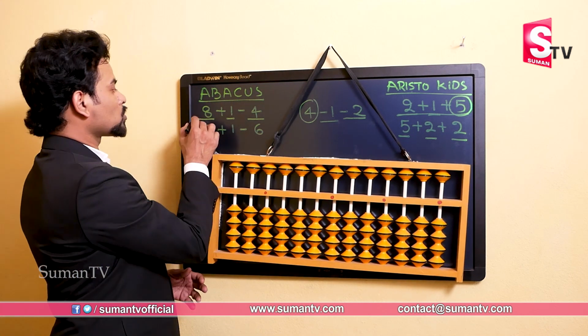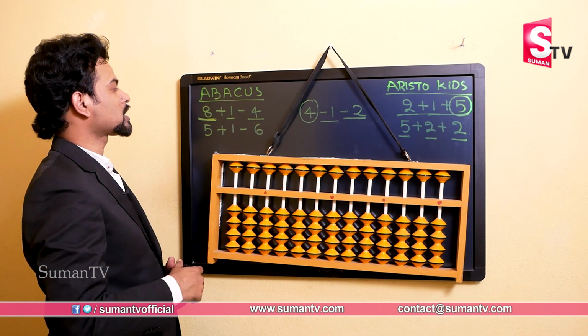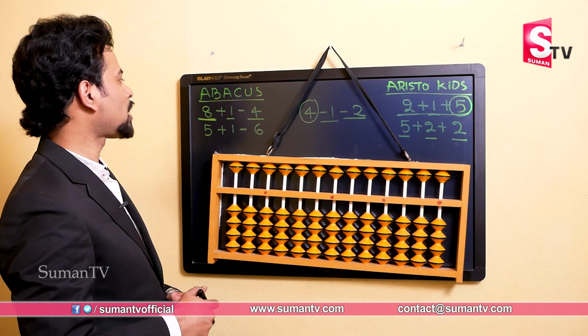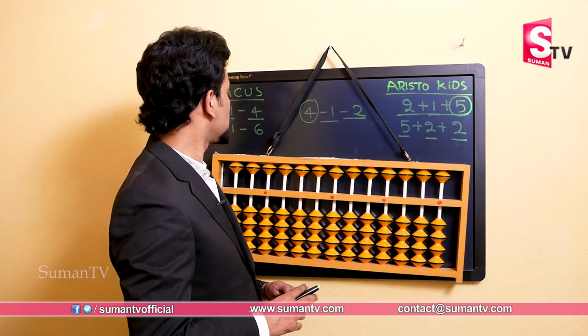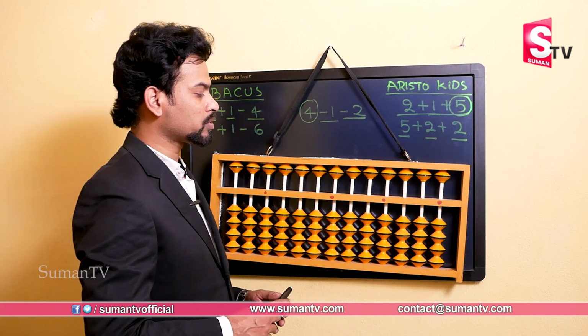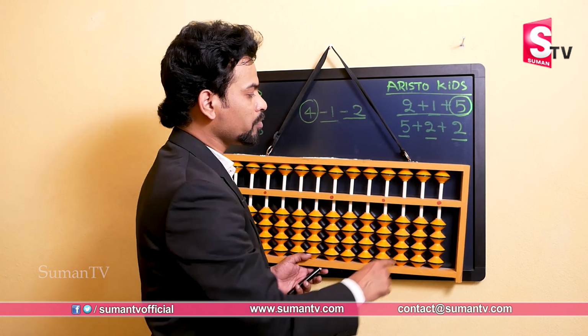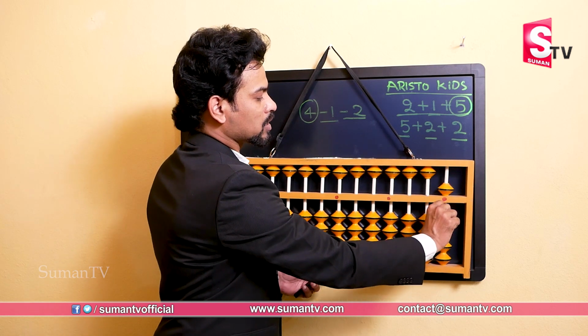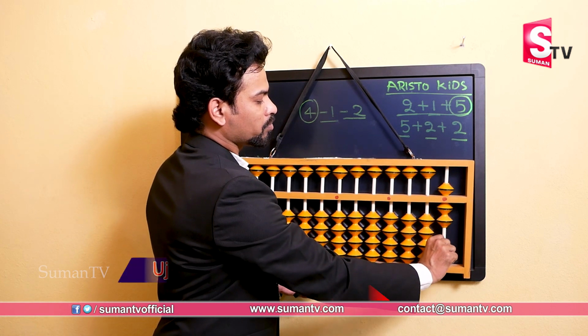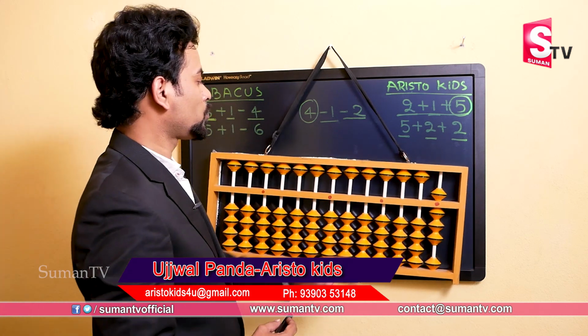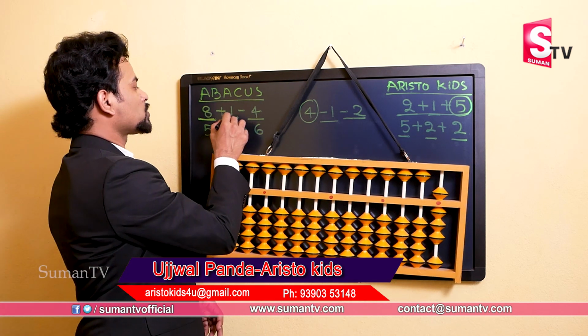Now let's come to this question. Here the first question is 8 plus 1 minus 4. So 8, I told you just now how to make 6, 7, 8, 9. So 8 means 5 plus 1 6 plus 1 7 plus 1 8. So we did 8, again plus 1.